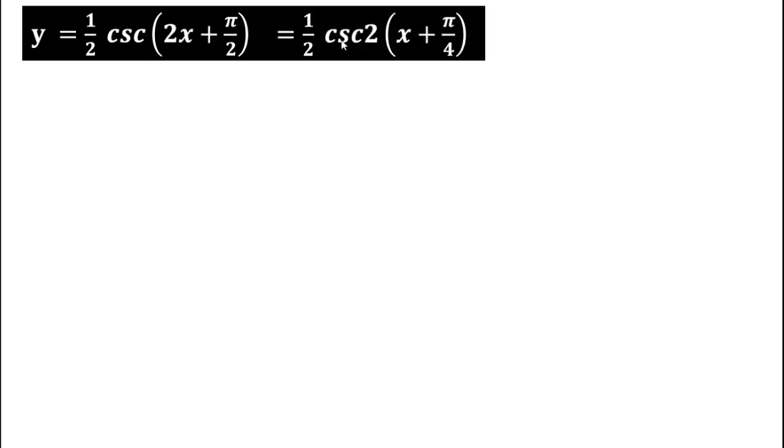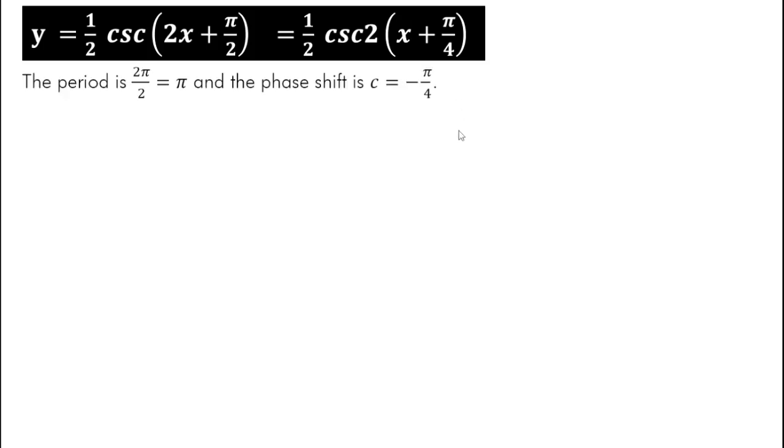But for us to have that, let's express it so that we have just x in our angle. So it will become 1/2 cosecant 2 times the quantity x plus pi over 4. All you need to do is factor out 2 and then you'll obtain this. Then after that, we're going to identify the period and the phase shift.